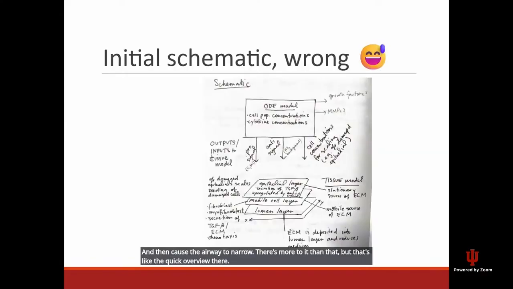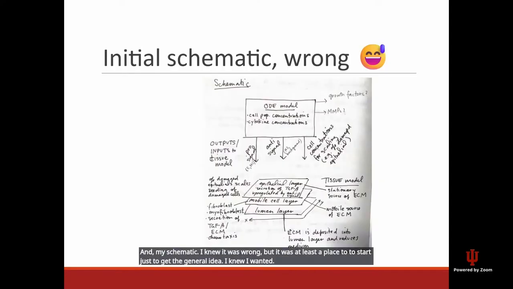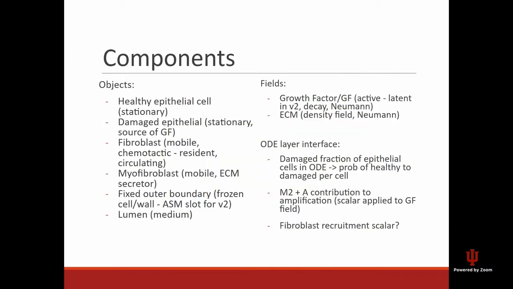And my schematic, I knew it was wrong, but it was at least a place to start, just to get the general idea. I knew I wanted to have some sort of signal from the ODE that drives cell behavior, cell dynamics in the tissue layer. As we were starting this project, I had laid everything out in terms of components in the model.